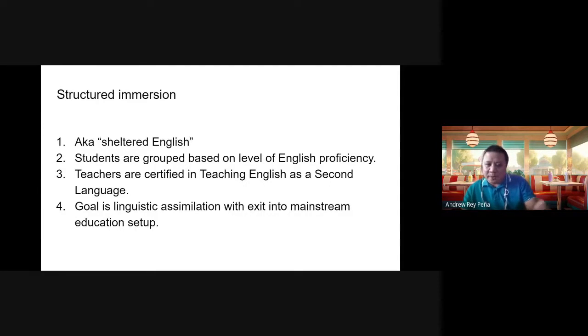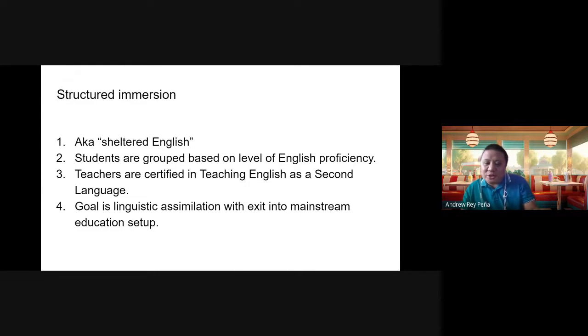Okay, the purpose of the program is to accelerate the acquisition of the majority language so that they could learn English fast, for example, or Filipino fast. The purpose of the program is again to accelerate the learning of English.